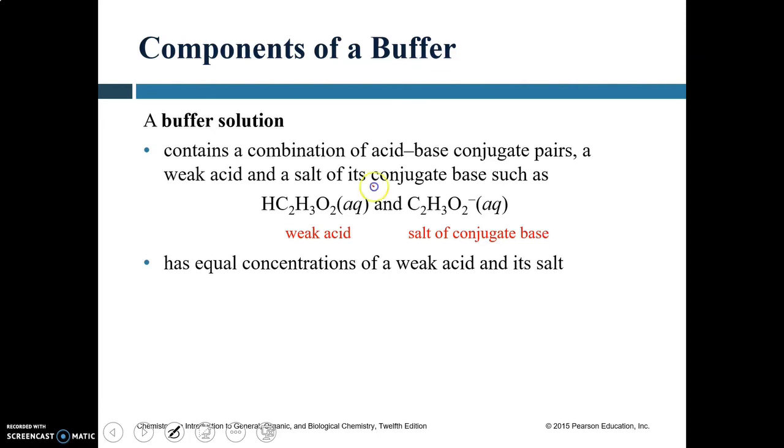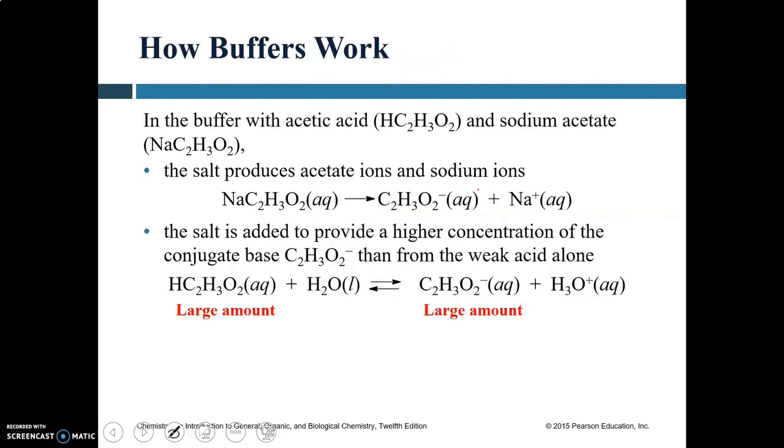For example, we have a weak acid, which is acetic acid, and its salt, which is its conjugate base. The concentrations of a weak acid and its salt are usually equal. So, for instance, we have sodium acetate as the conjugate base and weak acid, acetic acid, in the solution. The salt produces sodium ions, which are of no interest for us, and acetate ions, which serve as the conjugate base.